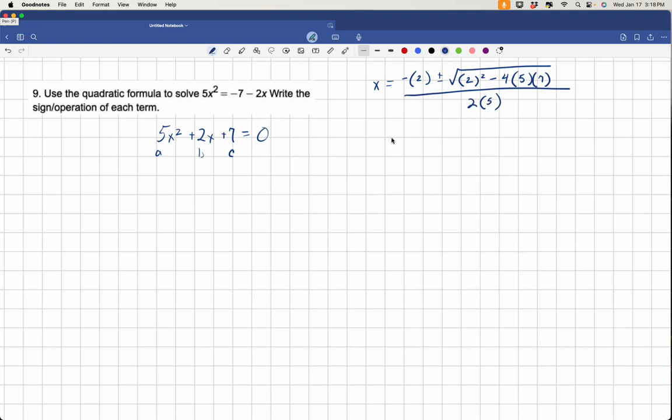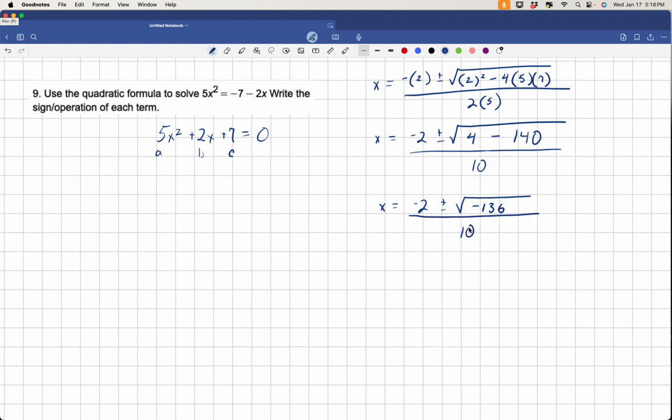All right, so then that becomes negative 2 plus or minus the square root of 4 minus, 20 times 7 would be 140. So that would be negative 136.